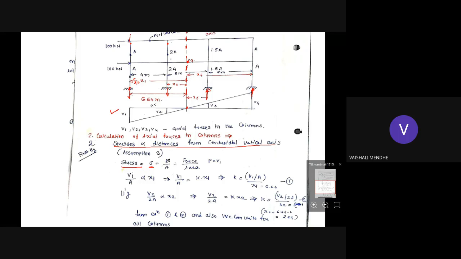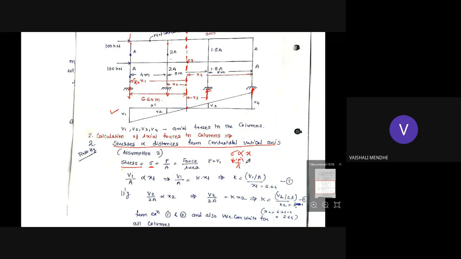And the stress is directly proportional to the distance. That means sigma is directly proportional to x. Okay, x is distance of each member from the centroidal vertical axis. So sigma is nothing but P by A, force per unit area, and that P is nothing but force.